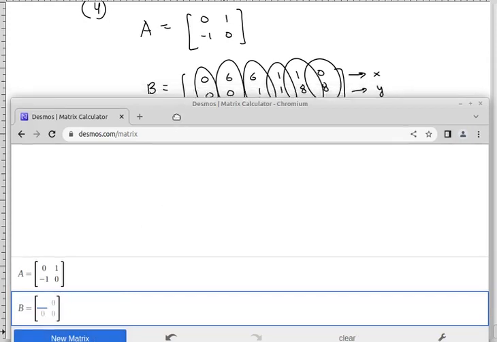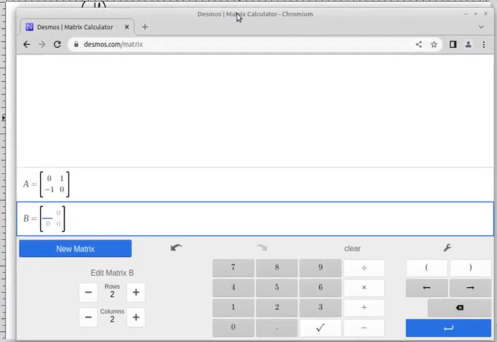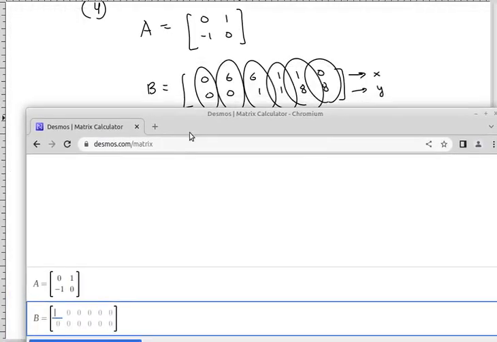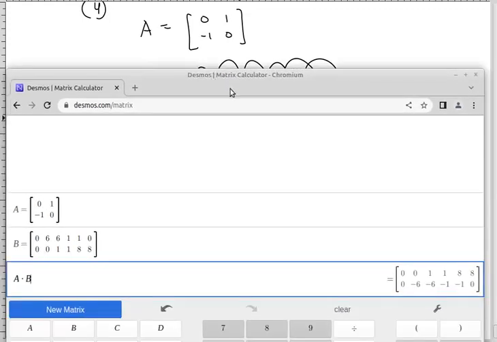Now notice this size here is a lot different. It's a 2 by 6. Just make sure that you can fit all those numbers. That's really the main point here. And don't mistype anything. Okay, so we're doing A times B. And there's your answers. Like, that's it.